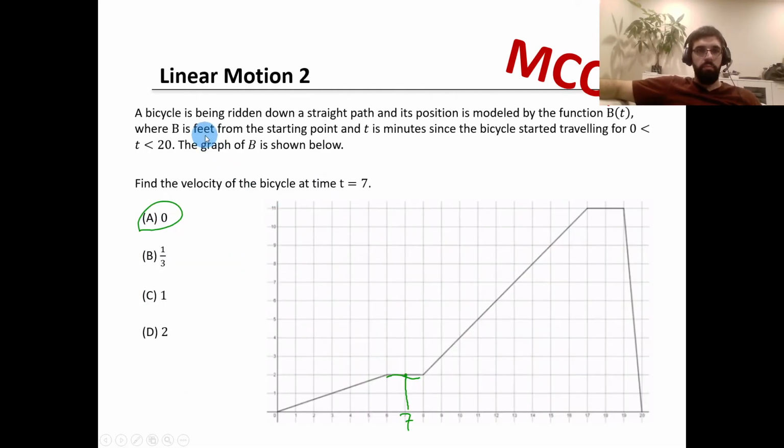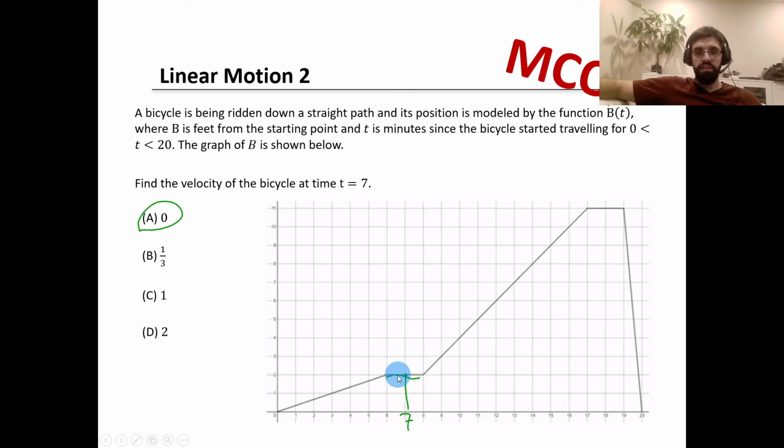So next example, a bicycle is being ridden down a straight path and its position is modeled by the function b of t, where b is the distance from the starting point and t is the time since the bicycle started traveling, from 0 to 20. This graph models its distance from the starting point. In the first 6 seconds, he's traveling at a constant speed away, and then from 6 to 8 seconds the bicycle is not moving.